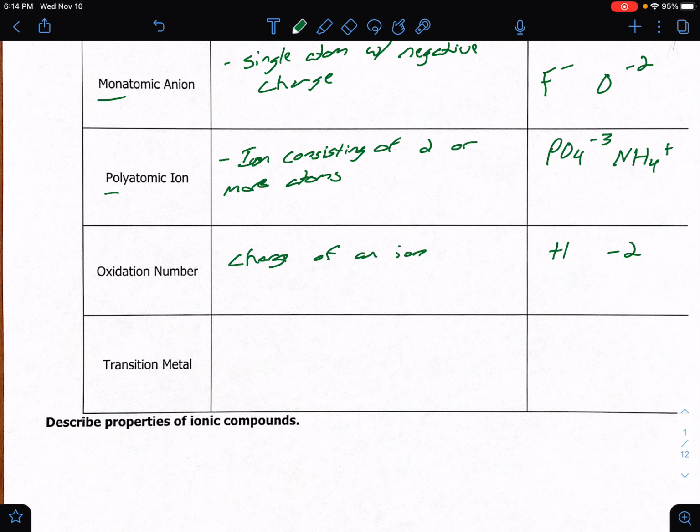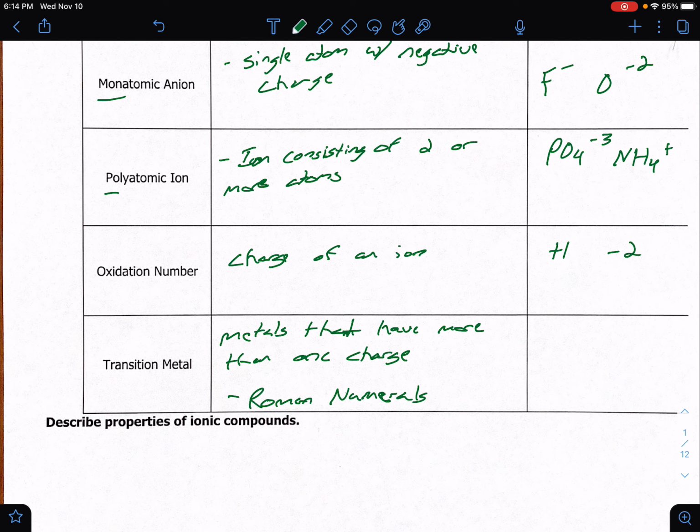These are metals that have more than 1 charge, and we use Roman numerals for those. So that would be something like Fe with a +3. If I were to write that out, that would be iron, and I would write 3 in Roman numerals, so III. We'll get into more of those in a second.